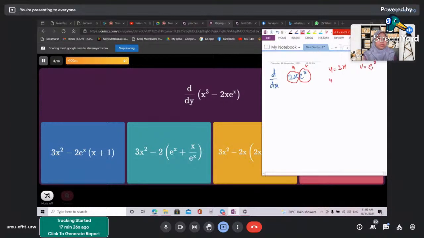Differentiate u with respect to x is 2. Differentiate v: if you have e power of x, you copy down e power of x and multiply with the derivative of x, which is 1. So e power of x times 1 is e power of x. Then you can substitute into the product rule.